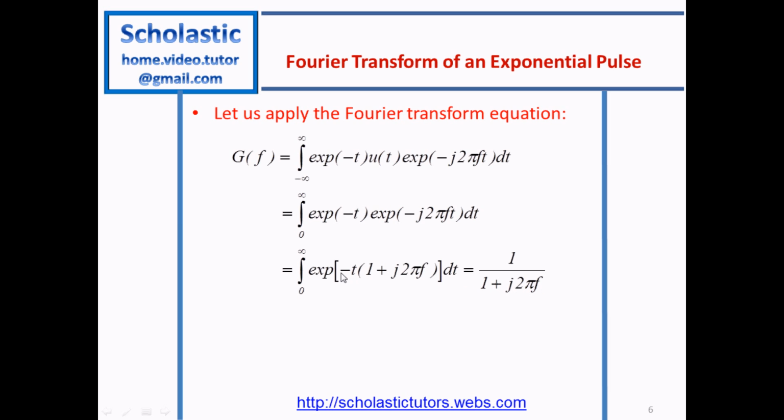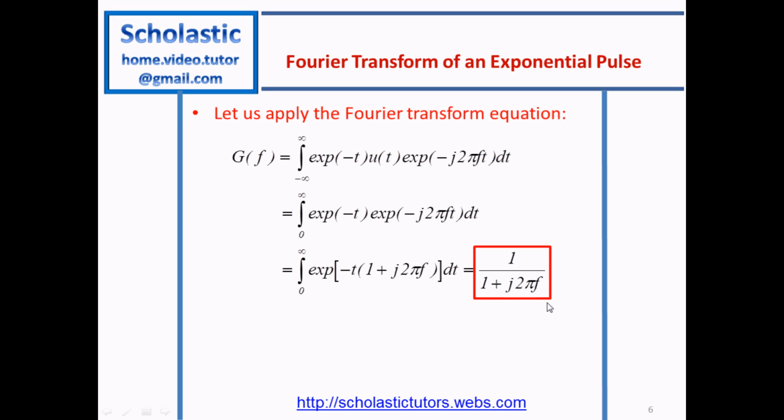When you substitute t equal to infinity, it becomes 0. When you put 0, the exponential becomes 1. So basically you get 1 at the top here. So we can simplify and show this is 1 divided by 1 plus j2 pi f. That is the answer to this question.